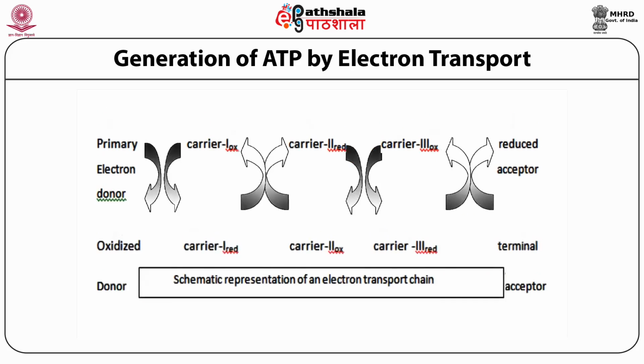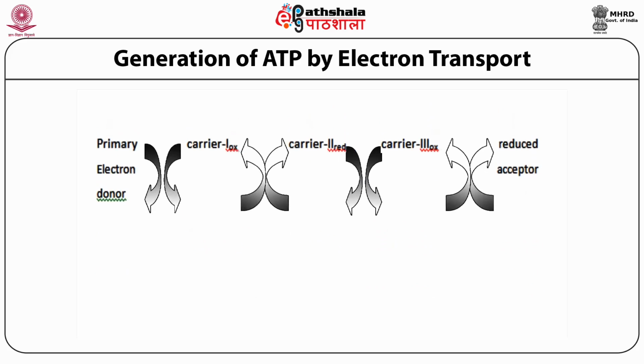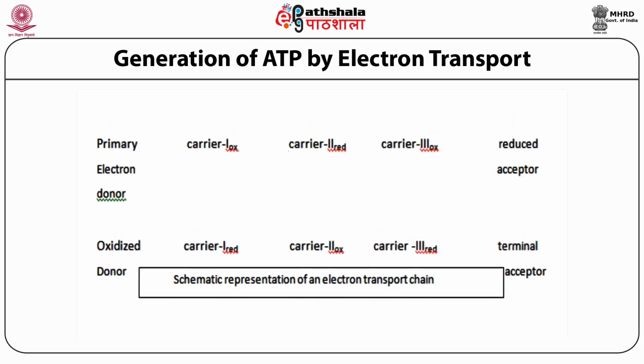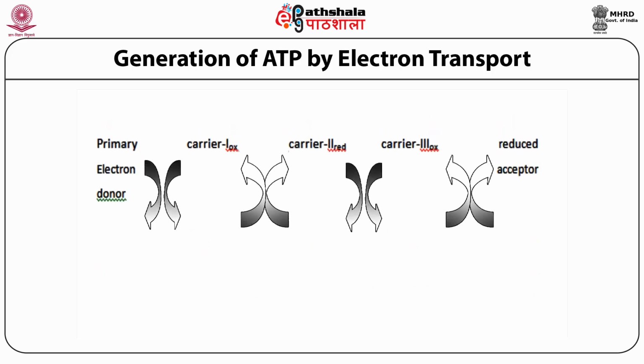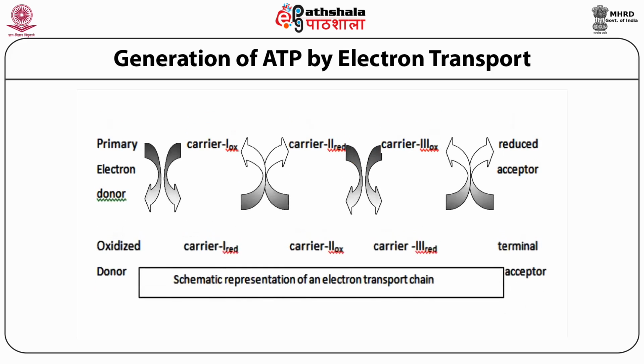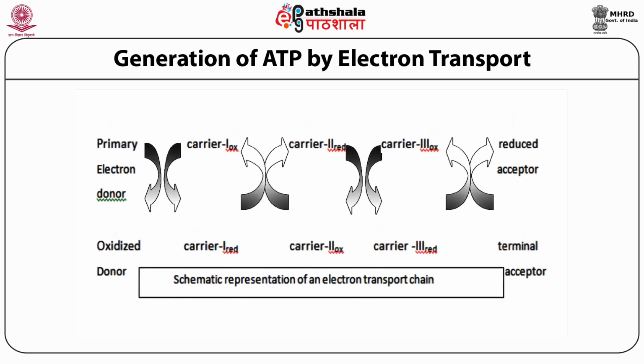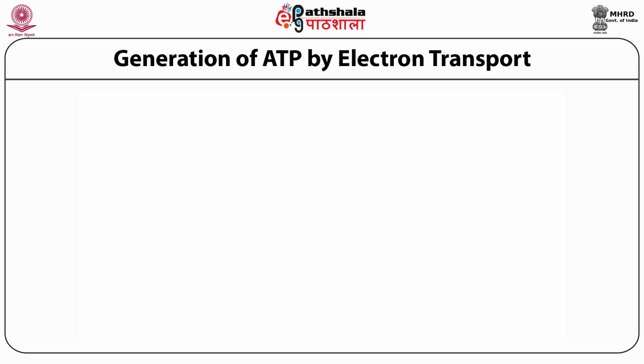The component of chain are carrier molecules capable of undergoing reversible oxidation and reduction. Each member of a chain is capable of being reduced by reacting with the carrier molecule that precedes it, and it is oxidized by the carrier molecule that follows it.